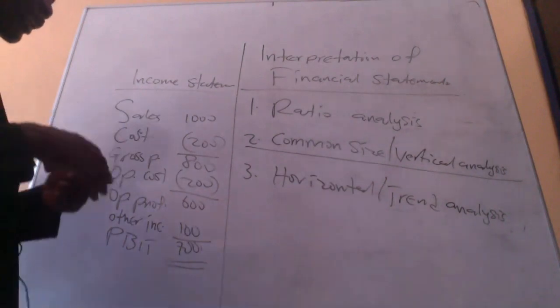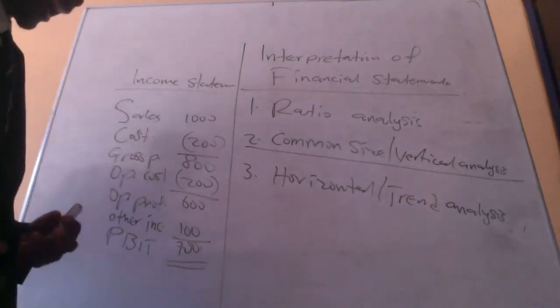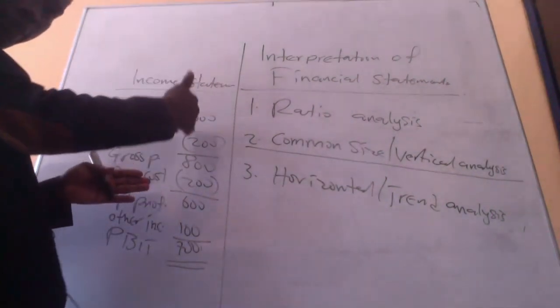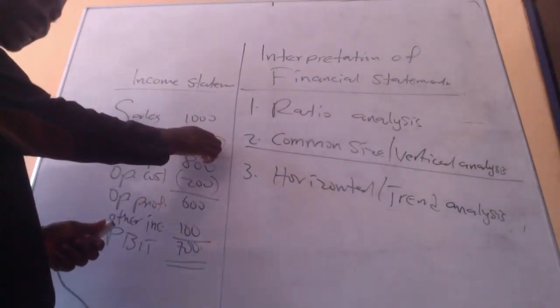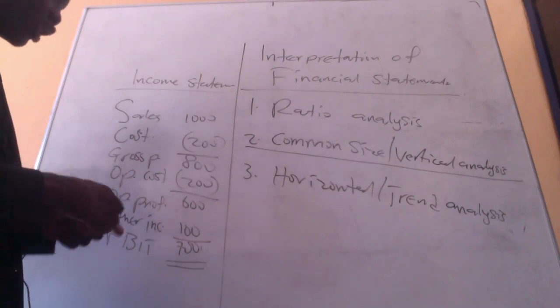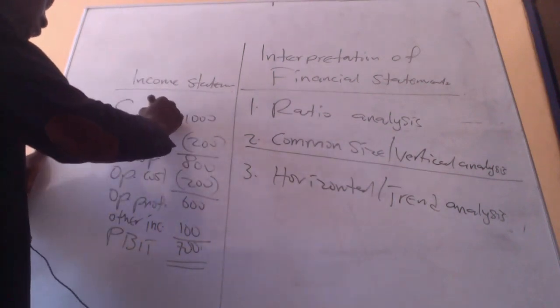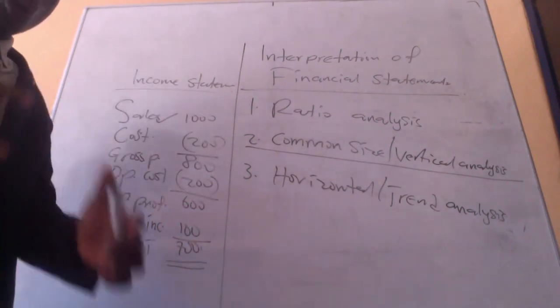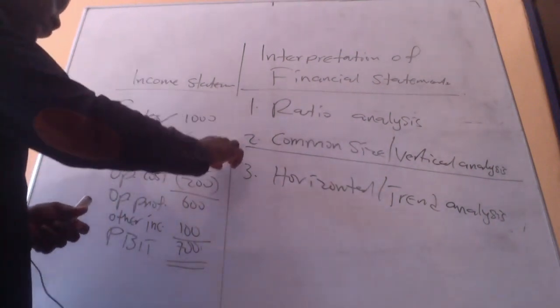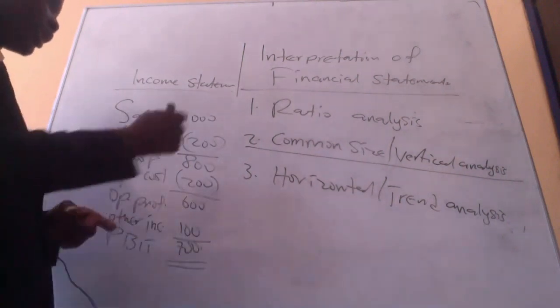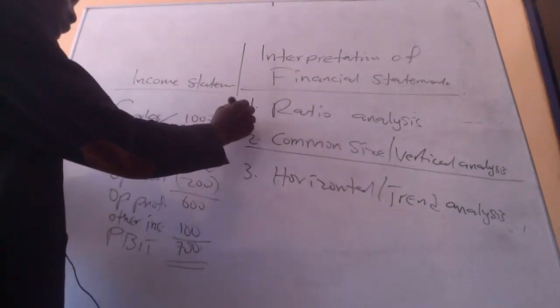Now, when you are talking about common size or vertical, have you seen? It's vertical. So what do we do? We pick each of the items and divide it by a common base. For the income statement, the common base is what? Sales. Always the common base will give you 100%. So here I'll get 100%.